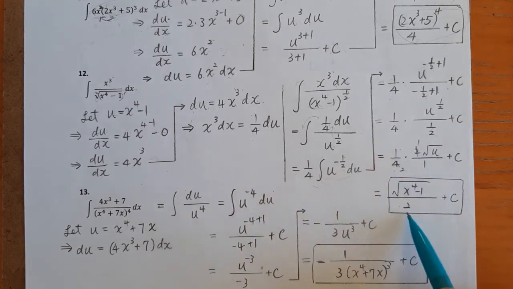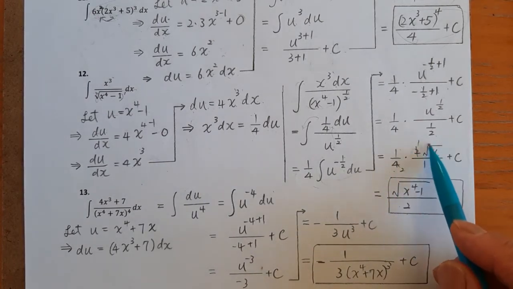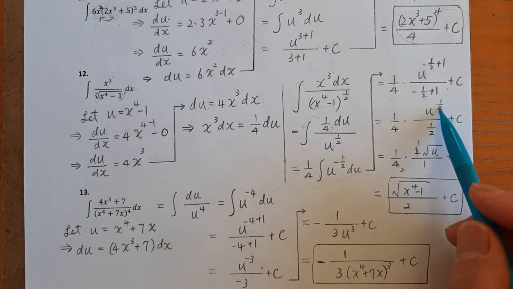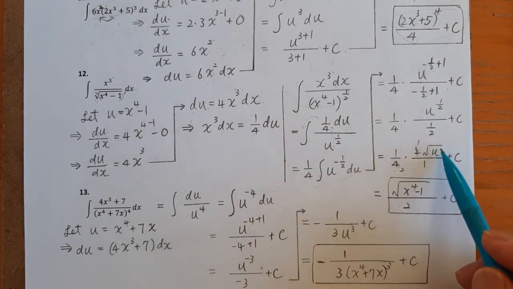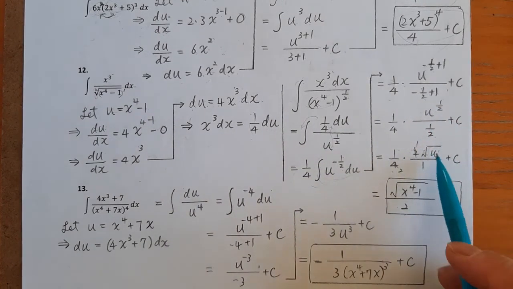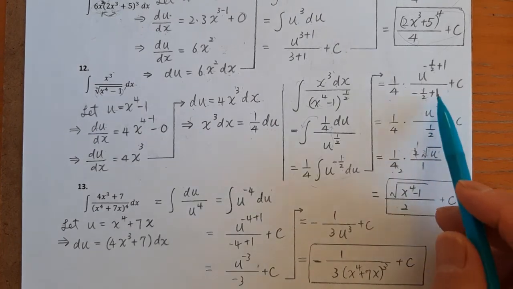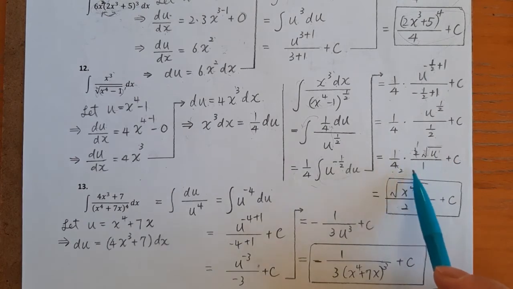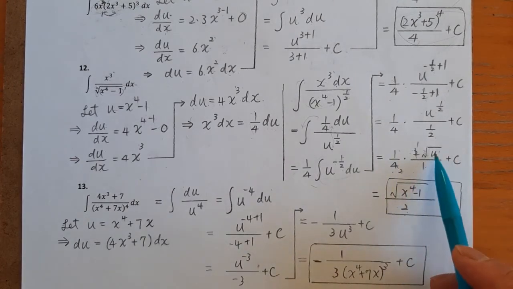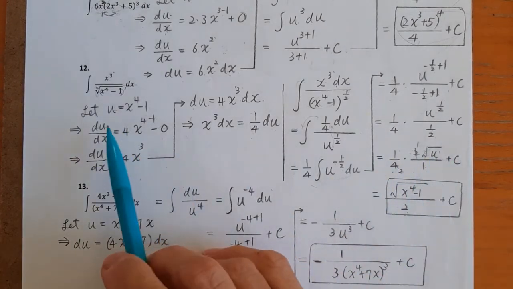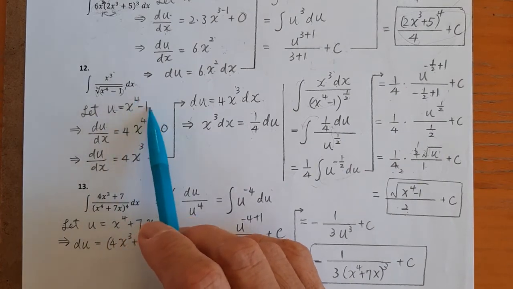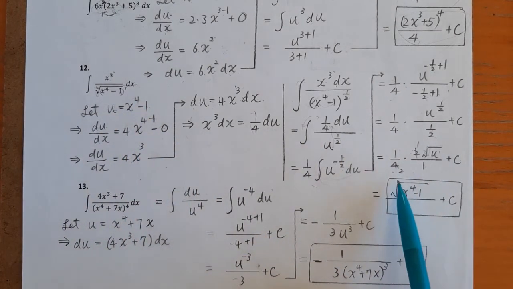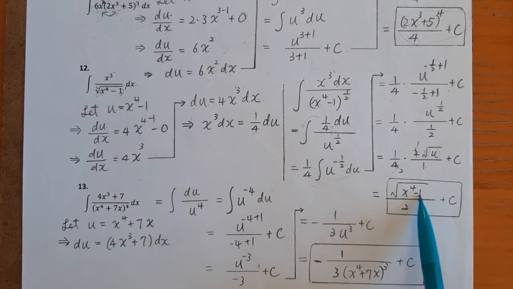So you get 1 over 2, and u to the 1/2 changes back to a radical, the square root of u, plus c. U substitute back, because u is x to the power 4 minus 1. So it's the square root of x to the power 4 minus 1, plus c.